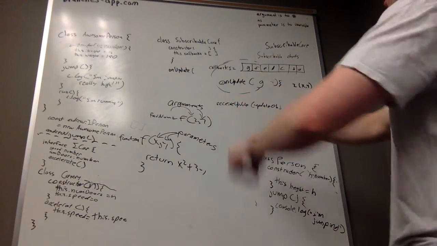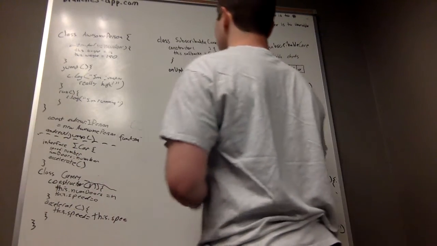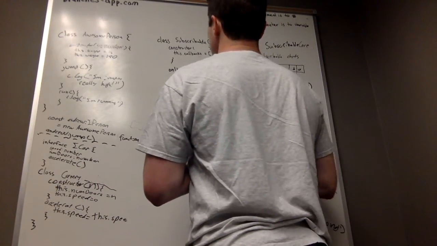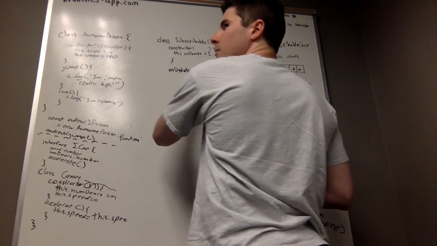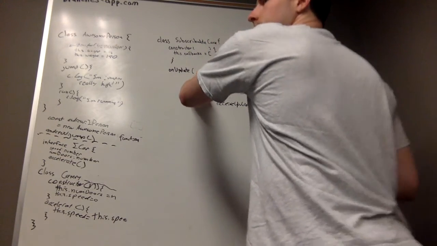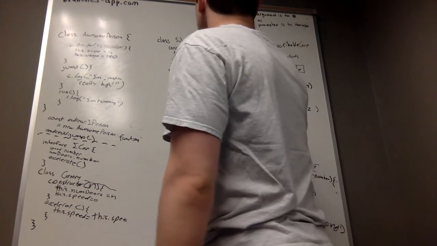Okay, so here, I need first my parameter or my argument. Well, here you're defining the function, so it's called a parameter. You're not calling the function. And actually, in this case, they're called methods, not functions.